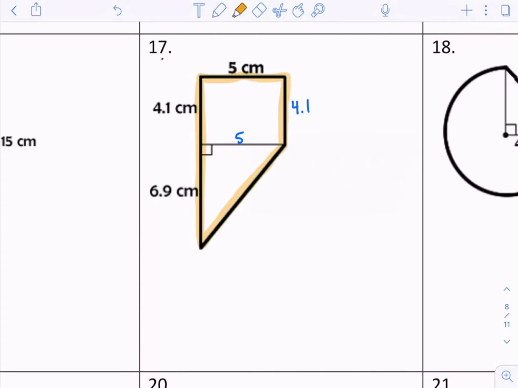Now, Ms. Murphy said let's focus in here, in this shape, to get ourselves this remaining piece. We could use leg squared plus leg squared equals hypotenuse squared. So my two legs are 6.9 and 5.